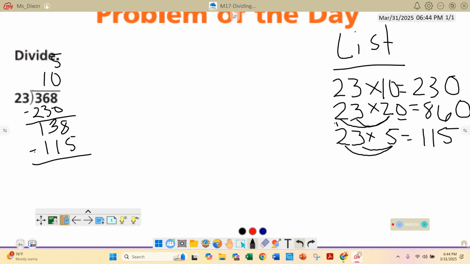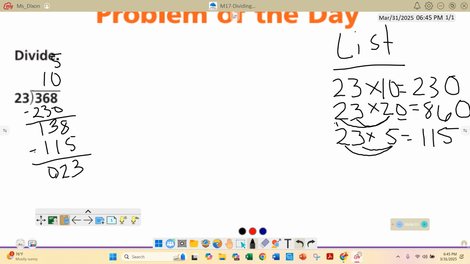Subtract that. 8 minus 5 is going to be 3. 3 minus 1 is 2. And 1 minus 1 is 0. We have a remainder of 23. Can we stop?